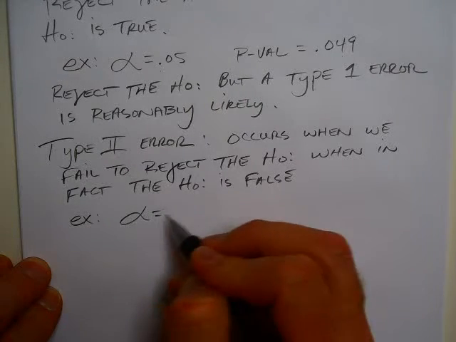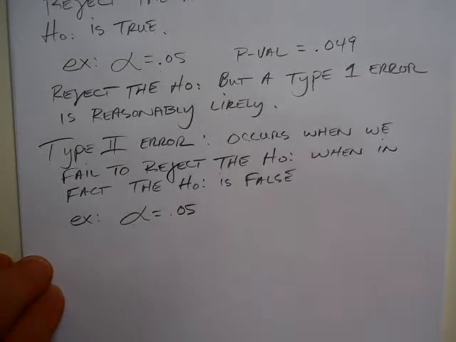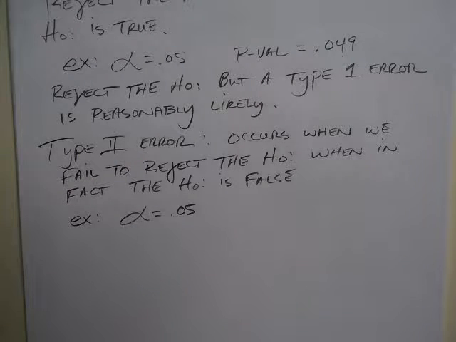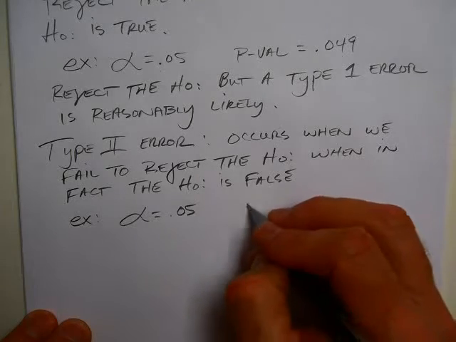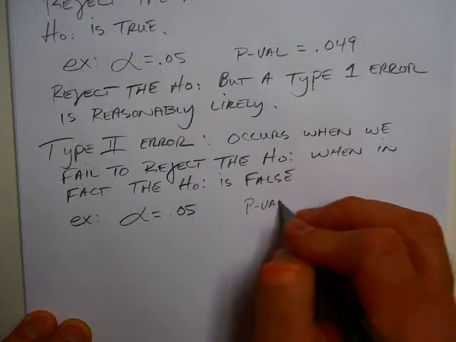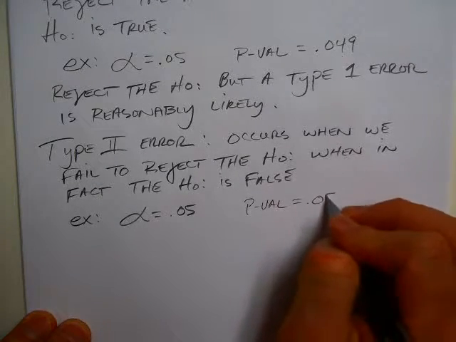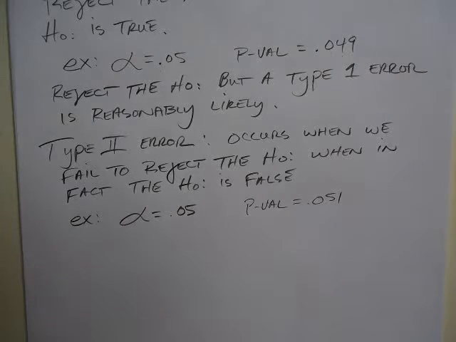Let's say alpha is 5% again. It's probably our most common one used ever. And our p-value is just slightly more than that. And we fail to reject the null because that's what we're supposed to do.